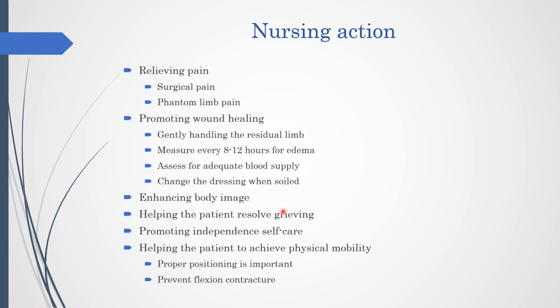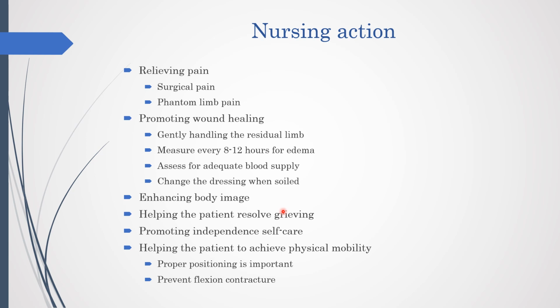As we know, amputation will affect the patient's ability to provide adequate self-care and their activities of daily living. The patient should be encouraged to be an active participant in self-care. If the patient lost a lower extremity, ask for their participation in doing their hygiene for the upper extremity.